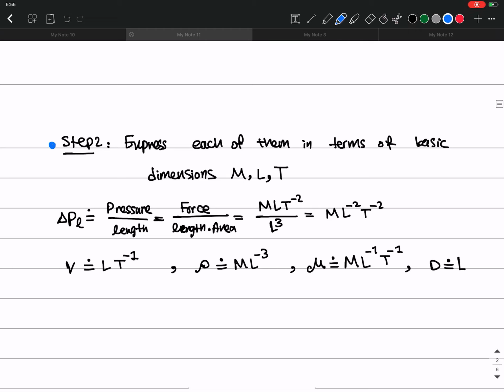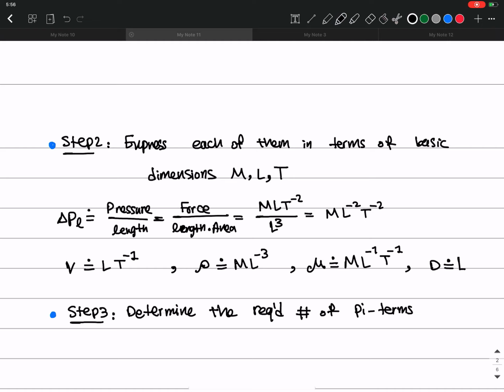So the third step, after writing this, is to determine the required number of pi terms according to the pi theorem.